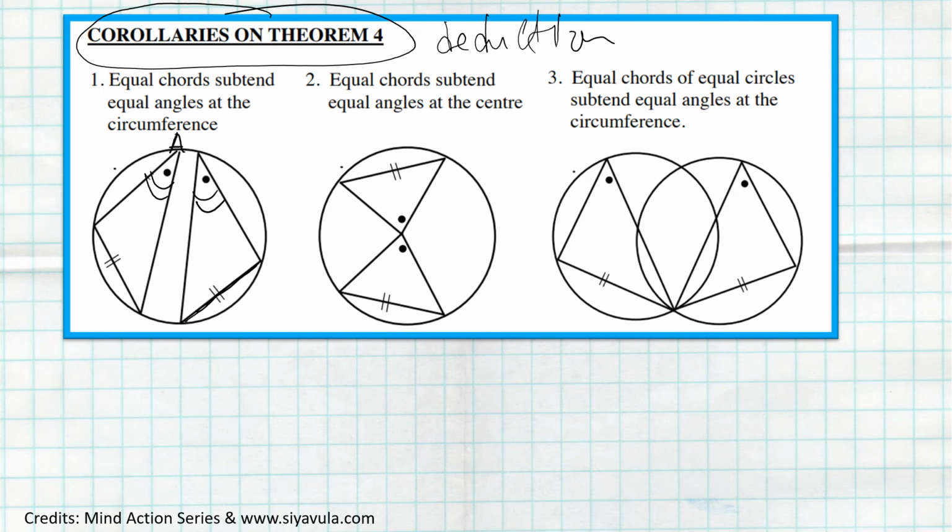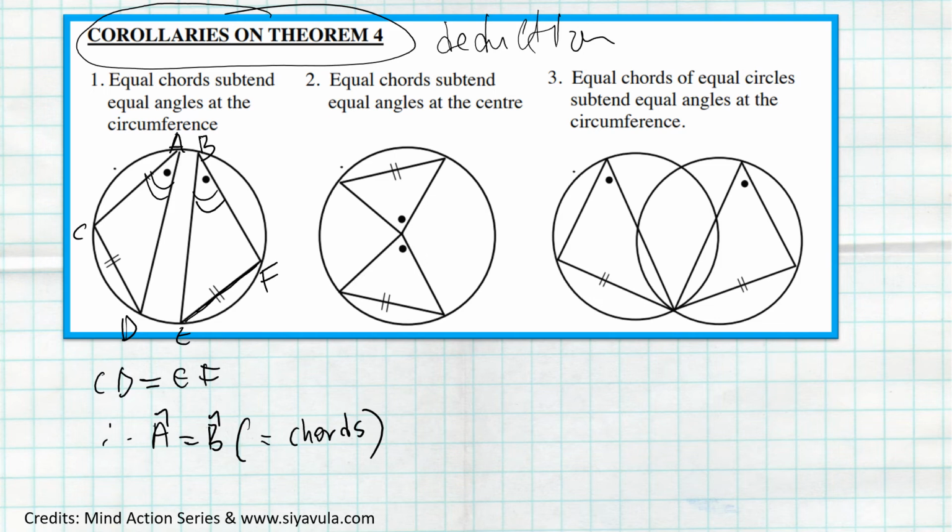So if you have your A and your B, and maybe C, D, E, F, and because CD is a chord equal to EF, we can make a deduction to say therefore angle A is equal to angle B, because we have equal chords, right? And that will be your reason.